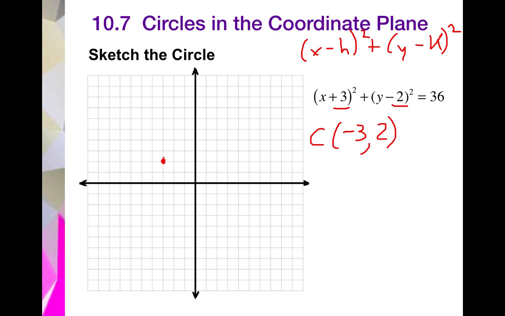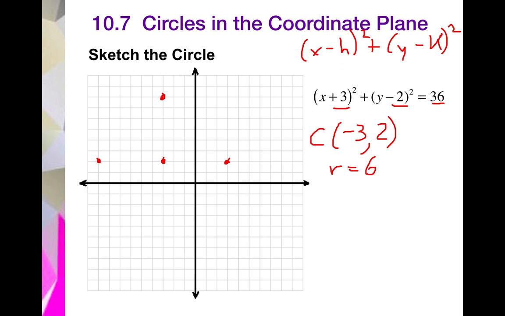And then I have the component out here. This is radius squared. Well, then the radius has to be the square root of that, or 6. So I can count out 6 from the center. I'll count out to the left, 1, 2, 3, 4, 5, 6. To the left, I'll count up 1, 2, 3, 4, 5, 6. I'll count to the right, 1, 2, 3, 4, 5, 6.